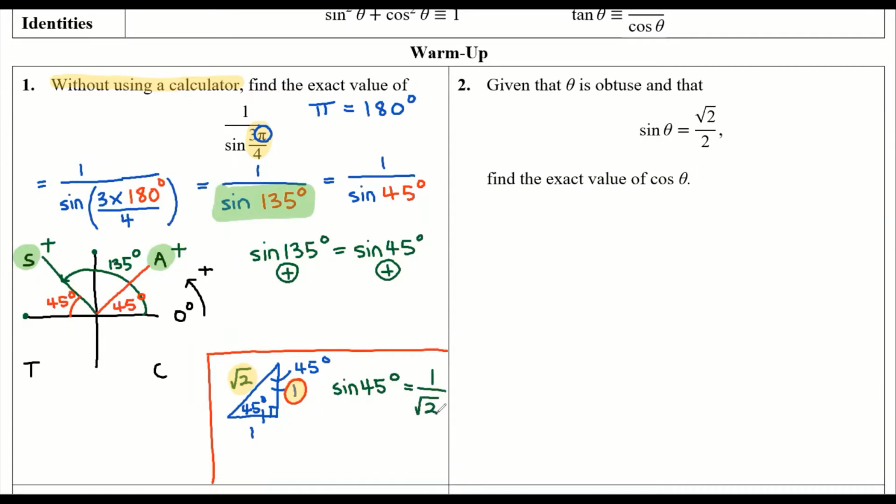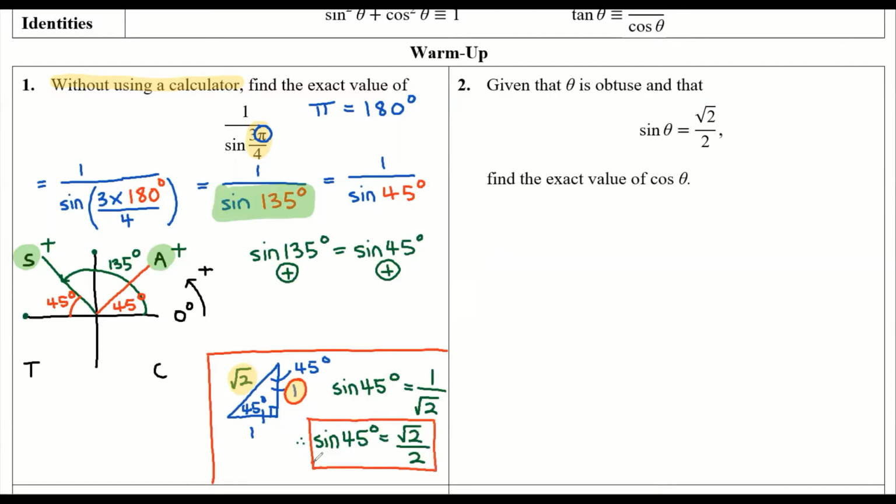And you might want to rationalize that, because we don't tend to like having surds in the denominator. So the sine of 45 degrees is going to equal, multiplying top and bottom by root 2 to clear the surd on the bottom, root 2 over 2. So that's really important. We've now established what sine of 45 degrees is without using a calculator. It's a standard result.